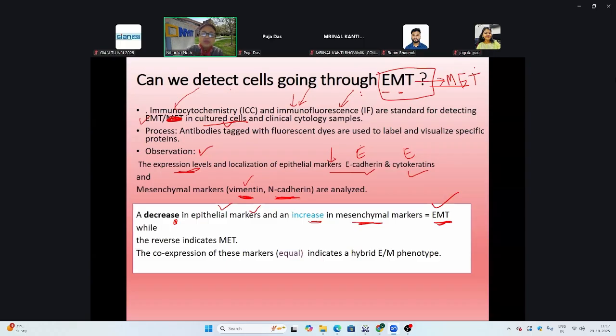So it is a vice versa process. You can have EMT, and then after it has traveled, the cell becomes MET. I hope you're understanding, but even if you're not, it'll come very quickly. It'll be easy. The reverse can take place, and if you have epithelial markers and mesenchymal markers equally, that means it's a hybrid kind of cell.